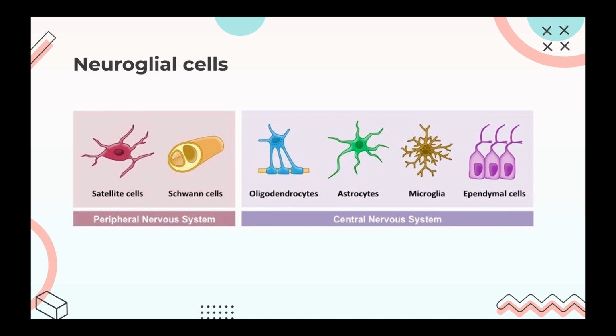And then finally, the ependymal cells are the cells that are found mainly in the inside of the brain and around the spinal cord. And the reason why is because these produce something called cerebrospinal fluid, or CSF. Cerebrospinal fluid is a type of fluid that is found around the brain and spinal cord.